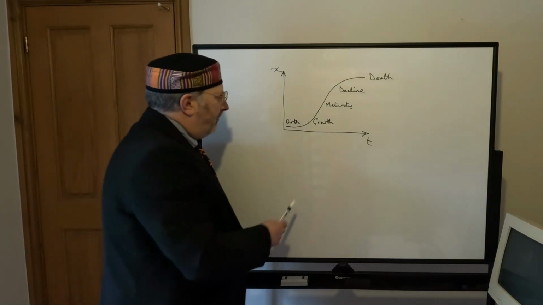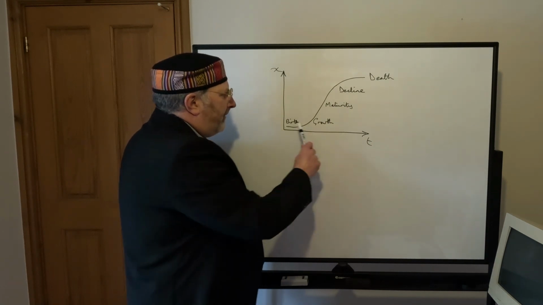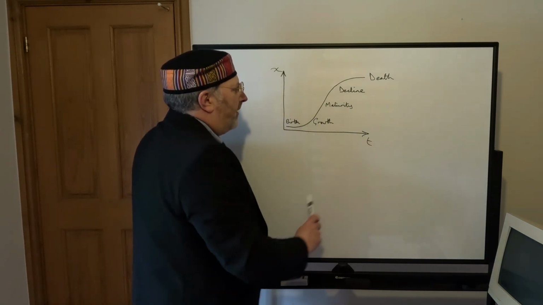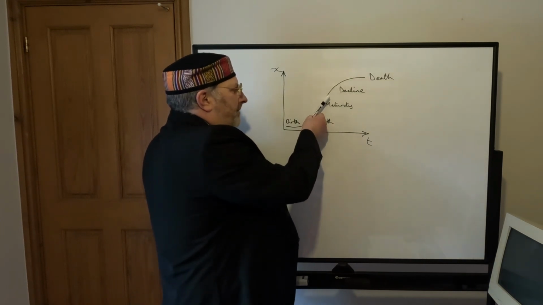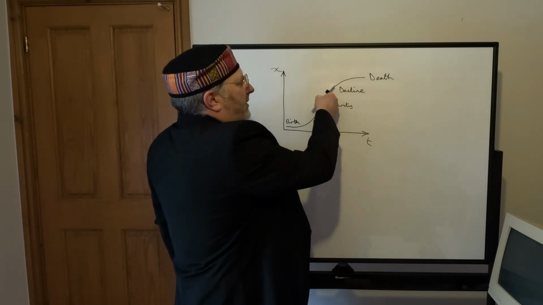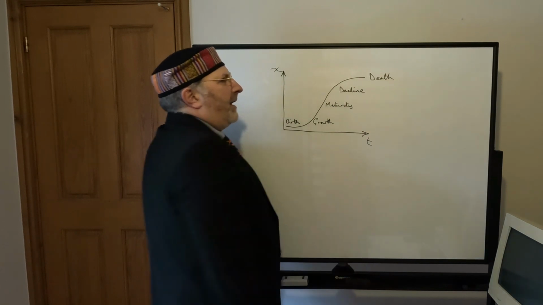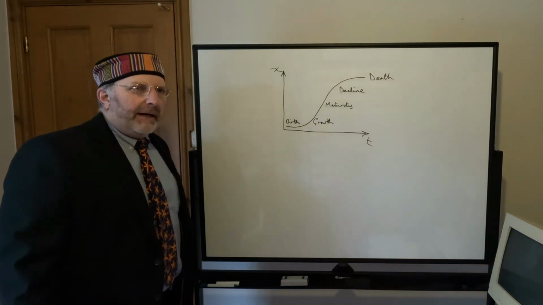So he labels them: the birth is when it gets started, then the phase of growth, then maturity when it's grown fastest, and then a phase of decline as the growth rate's decreasing, and then death when the growth rate has gone back to 0.